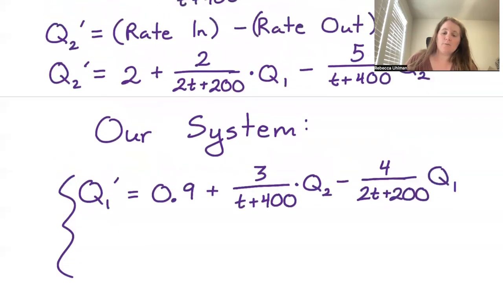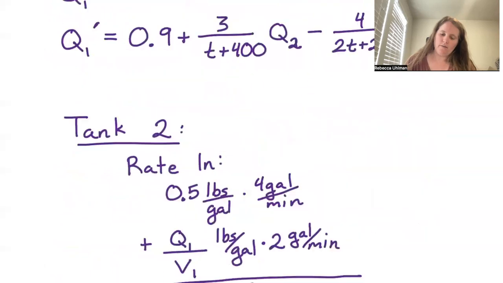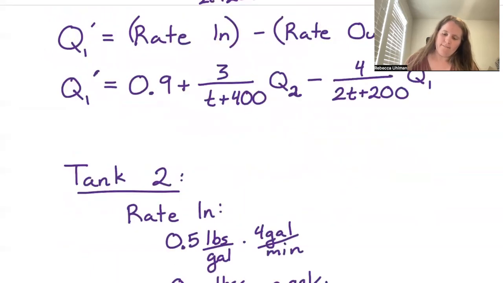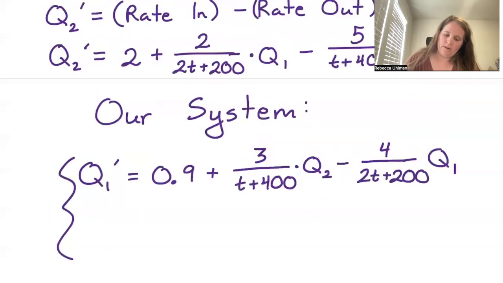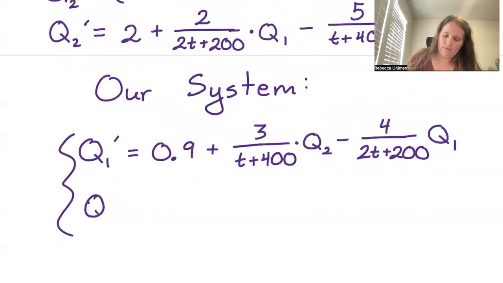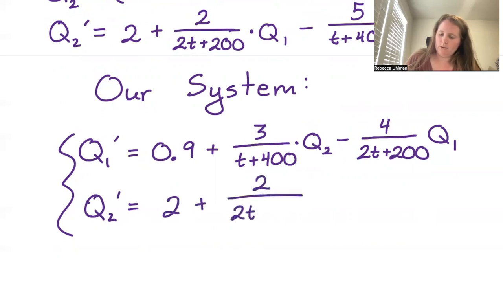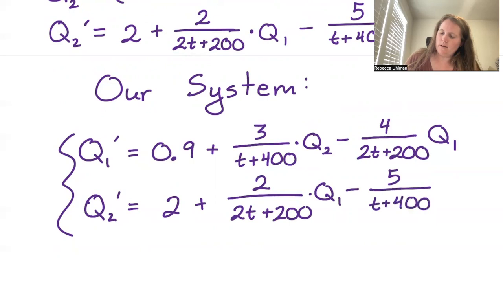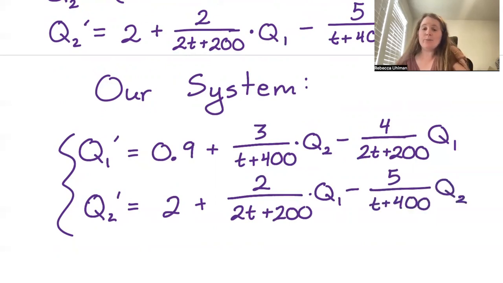I'm just going to check I remembered that one correctly. Yes. And then our second equation is that Q2 prime is equal to 2 plus 2 over 2T plus 200 times Q1 minus 5 over T plus 400 times Q2. So we have not solved anything at this point. We have just set up our system.